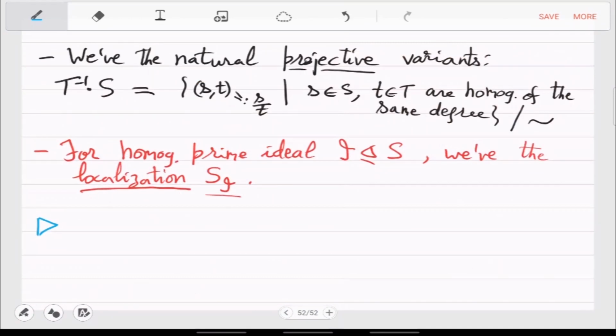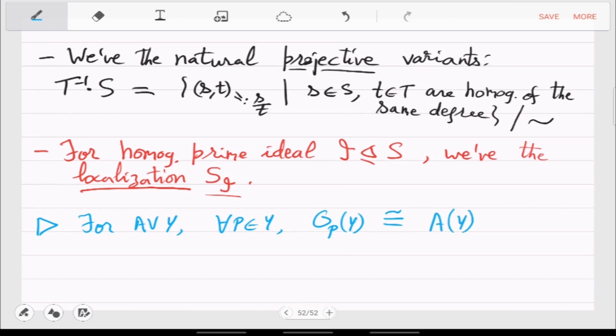What you can show is that for an affine variety Y, for all the points in that variety, O_P,Y is the same object, the same ring as the coordinate ring.